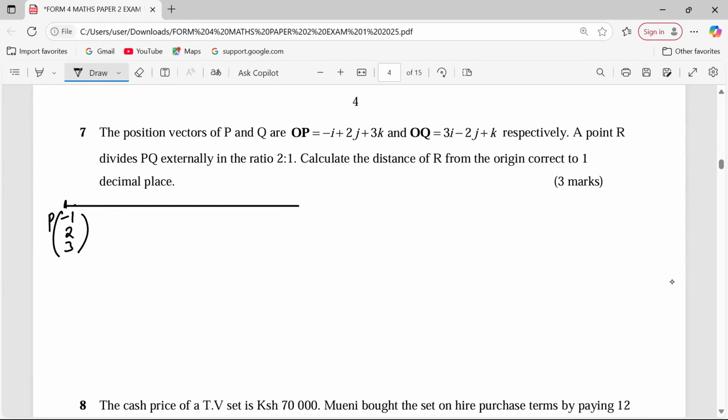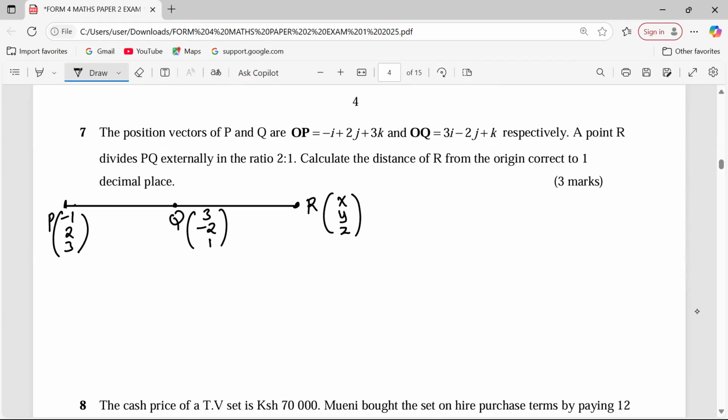Then we have another coordinate here that we are calling Q. And Q is 3, -2, 1. Then we are having R now, which is dividing externally. And we don't know the coordinates of R, X, Y, Z.